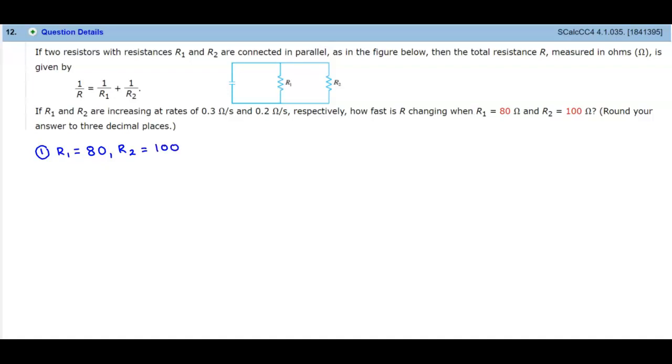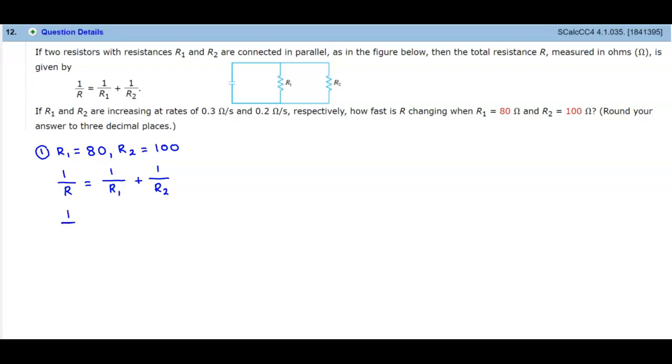So we're going to substitute into our equation, which is 1 over R equals 1 over R1 plus 1 over R2. What we want to do is find R.